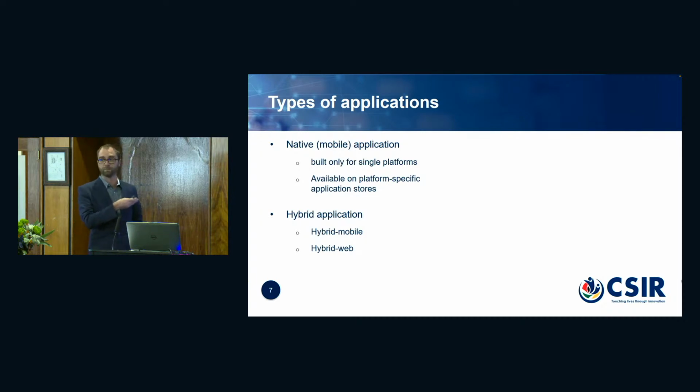You can build natively for desktops. An example there would be PowerPoint. And generally, if you use PowerPoint on your computer, you can now also use PowerPoint on the browser. But generally, I still find the PowerPoint on the computer is just a little bit better. But it is at least available on the browser.